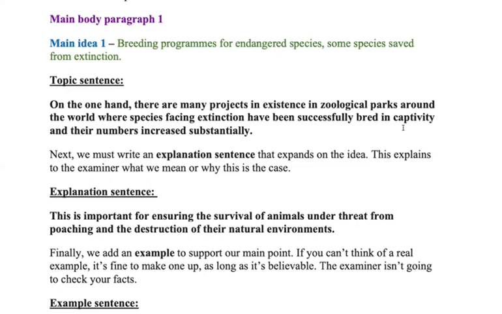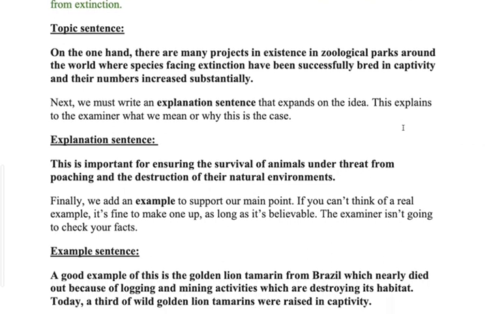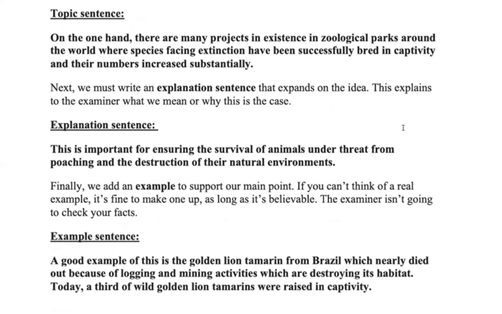Okay, so finally, we add an example to support our main point. If you cannot think of a real example, just make it up, okay? So we have the topic sentence. We explain the topic sentence, this idea, and now it is time to give an example of this sentence.